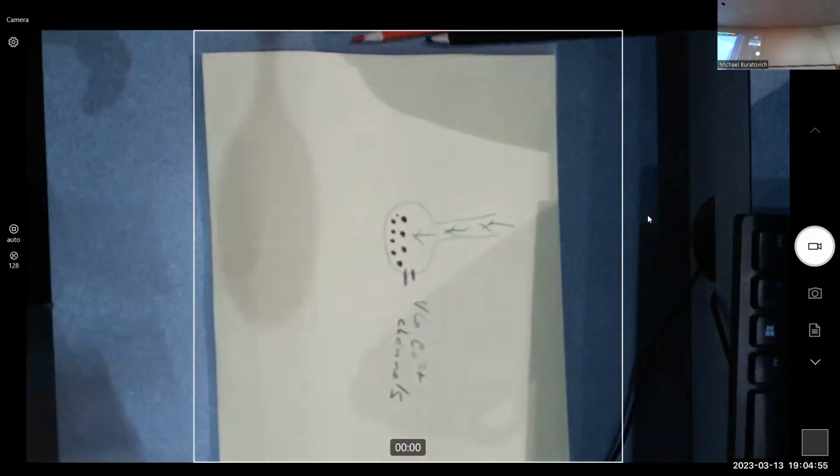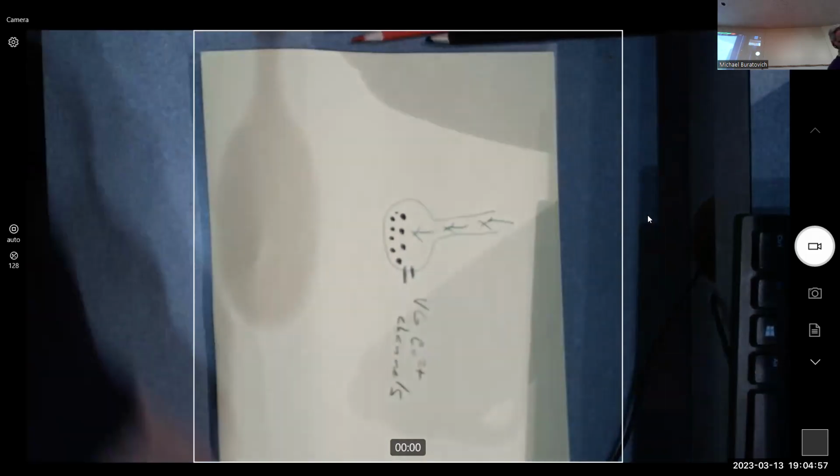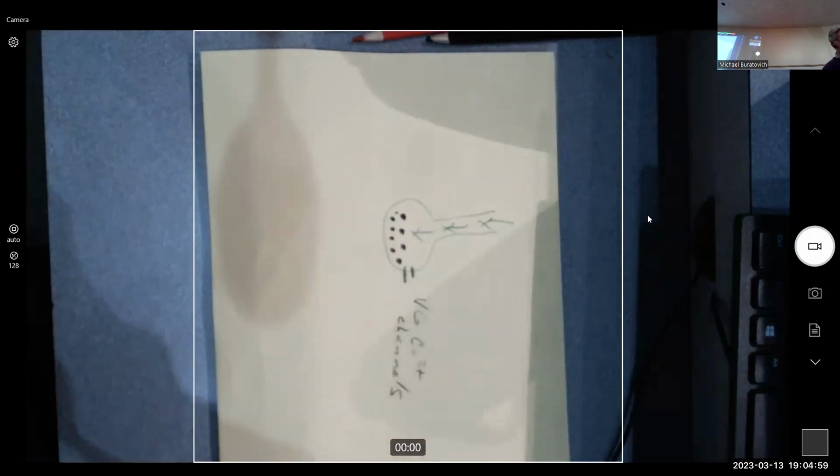What's a neurotransmitter that's used by a motor neuron? Guys, you have to speak up. I can't hear you if you mumble. Please speak up. Is it epinephrine?